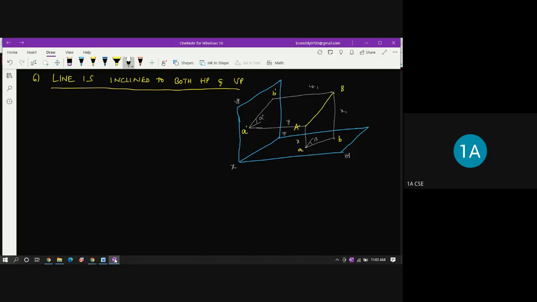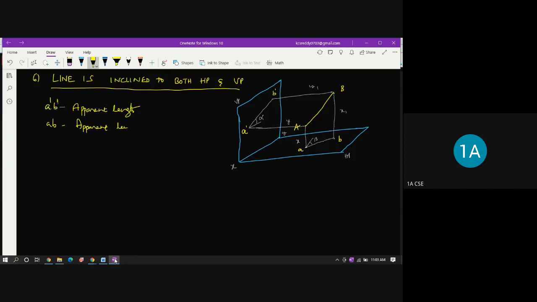Why apparent inclination? A dash B dash represents the apparent length, meaning it is not the true length. Similarly, AB is also an apparent length because it is not parallel to any one of the planes.